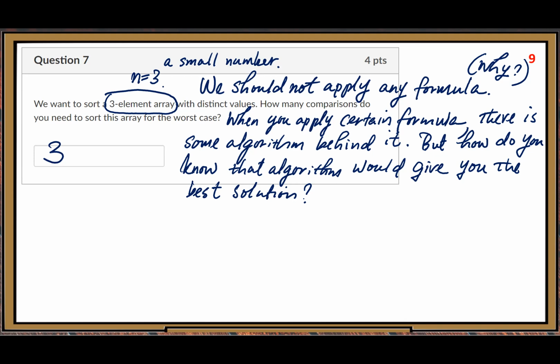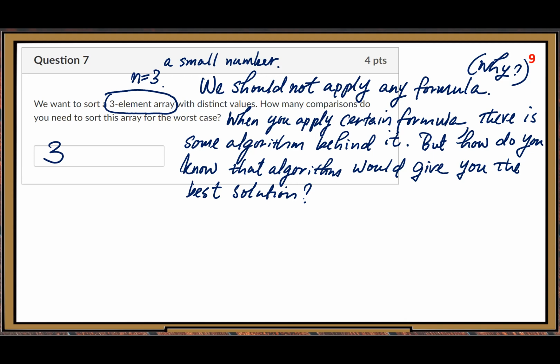Otherwise, you can only get partial credit. If you apply a certain algorithm, you do not know that it would give you the best solution. It may not be the best solution.